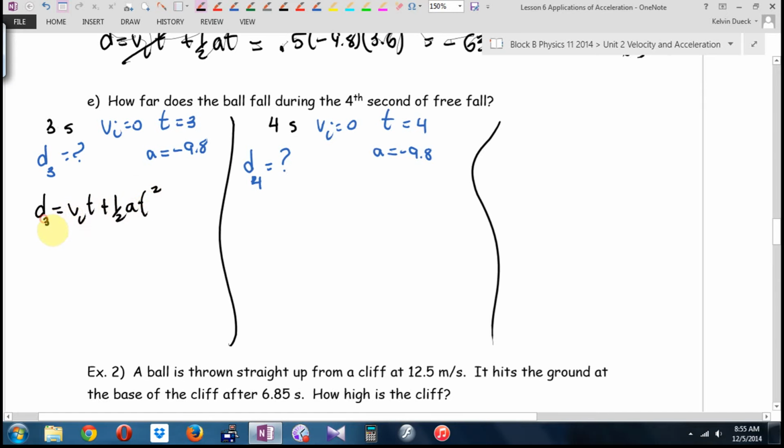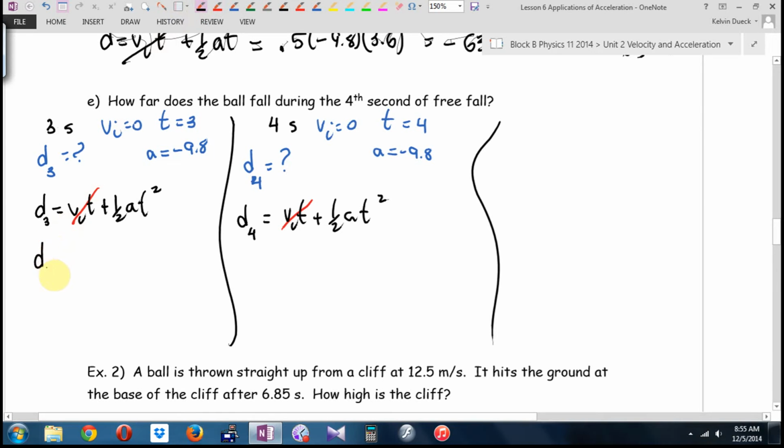Danielle, I'm going to put a 3 to show you this is distance after 3 seconds, and D4 after 4 seconds is VIT plus 1/2 AT squared. Are any of these, Noah, 0? Yep. Which one? 0. So that'll cancel and that'll cancel. That's convenient.